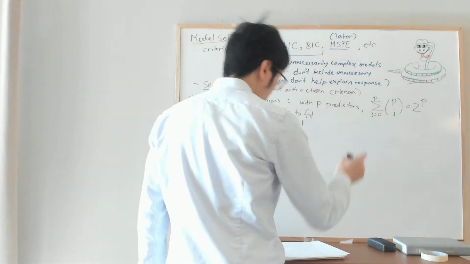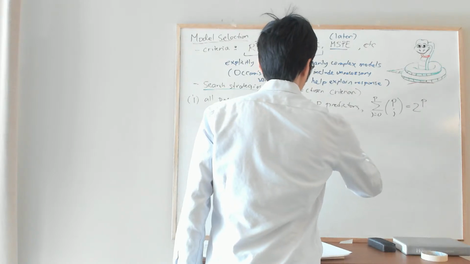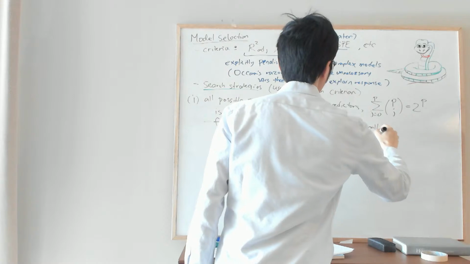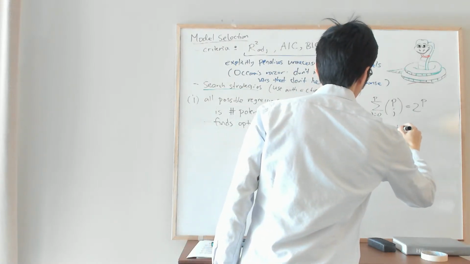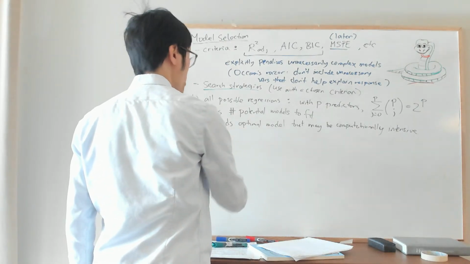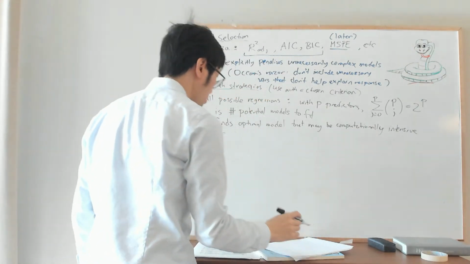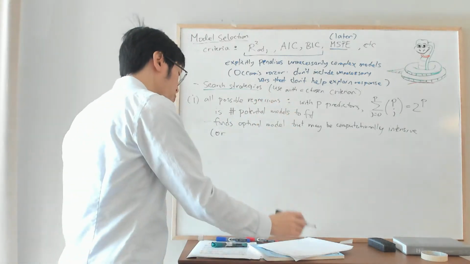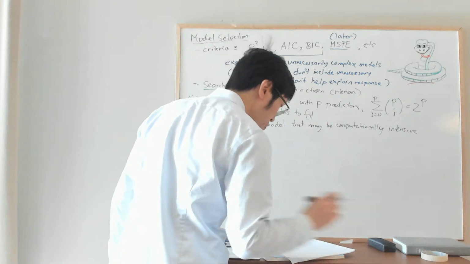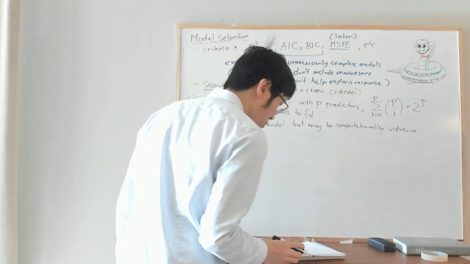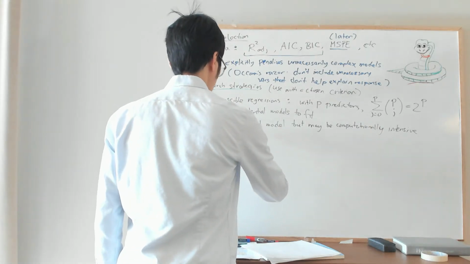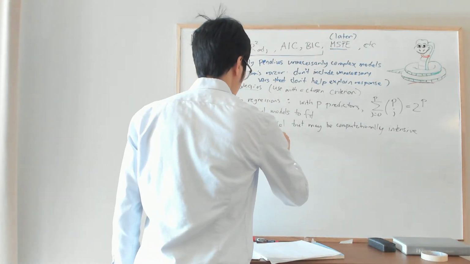It may be computationally intensive or even not feasible, even with modern computing power, especially if you have a number of predictors in the thousands. This would not be a feasible approach. There would be no way to test all of them in a reasonable amount of time. It is infeasible if P is large.